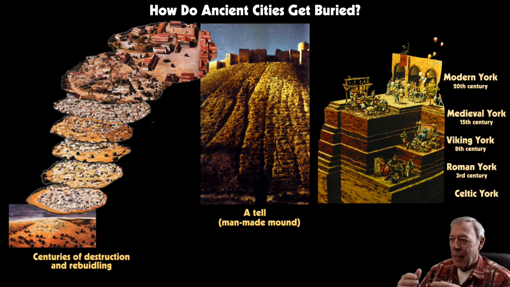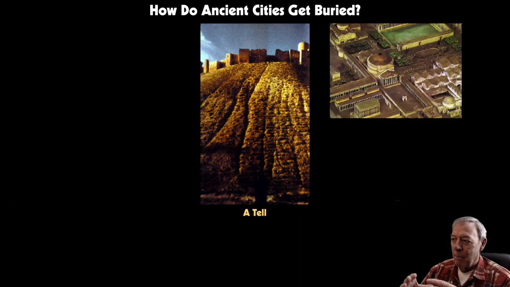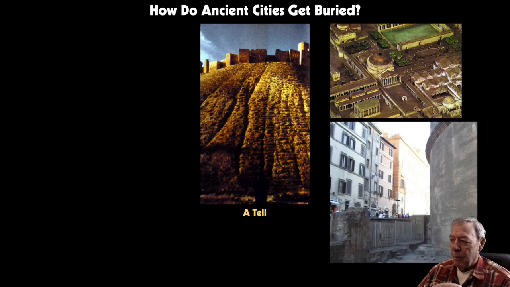So here's another example. This is a little model of the Pantheon in Rome. And we're looking at the model here in the landscape as it existed at the time of ancient Rome. Now here we see the corner of the Pantheon, and of course at its base is the level of ancient Rome, because the Pantheon still stands in its original location here and is still in use.